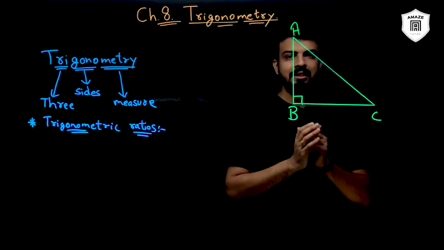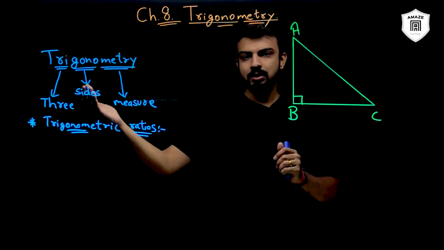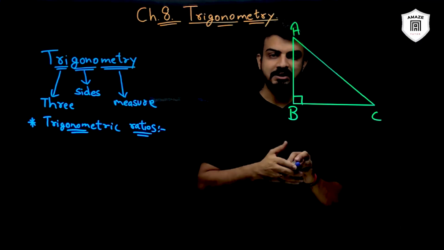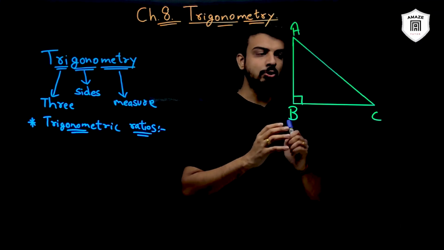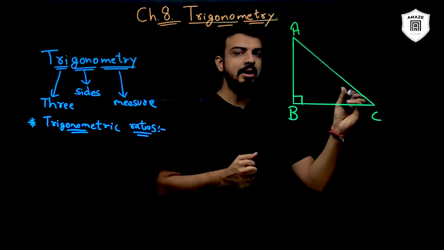As I told you, trigonometry is the study of the measurement of a three-sided figure, so the relationship between sides and angles of a triangle. Let us first study this. What is AC called in a right angle triangle?